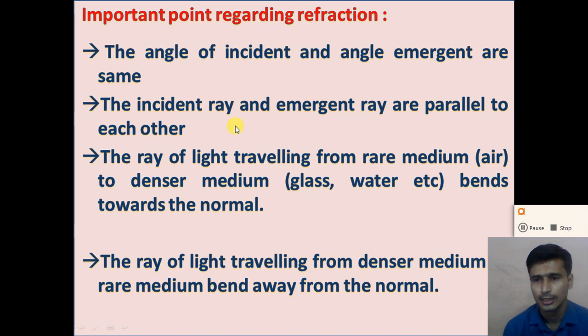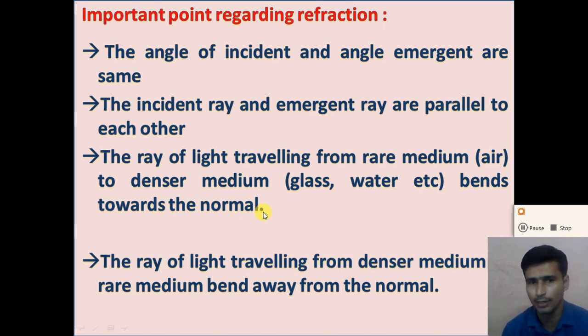But except this, two important points are that when the ray of light travels from a rare medium, what is the rare medium? Like air is a rare medium, right, to a denser medium like glass, water, etc., the ray of light bends towards the normal. This point is very important.